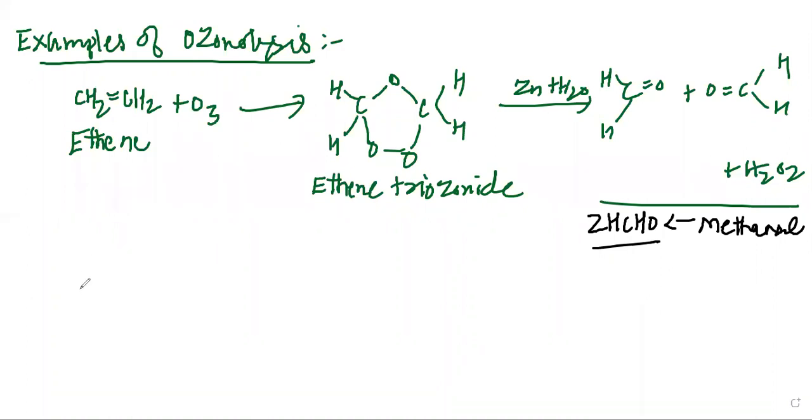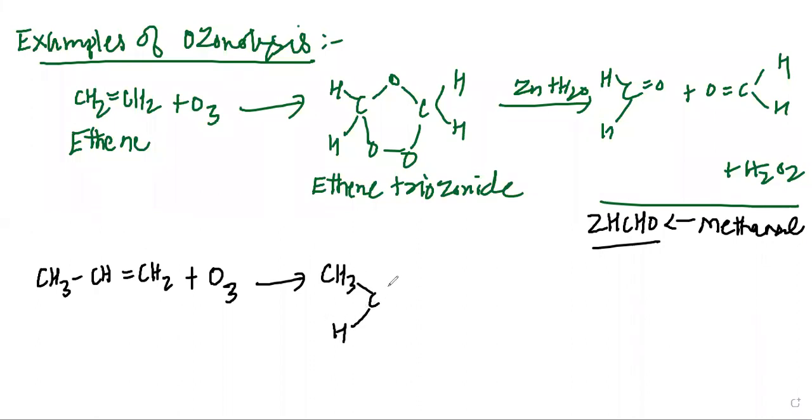Then let us take another example, my dear students. Suppose we have CH3CH double bond CH2. We add ozone to it. When we add ozone to it, we may have CH3, then C, then H. This is how we get the triozonide.